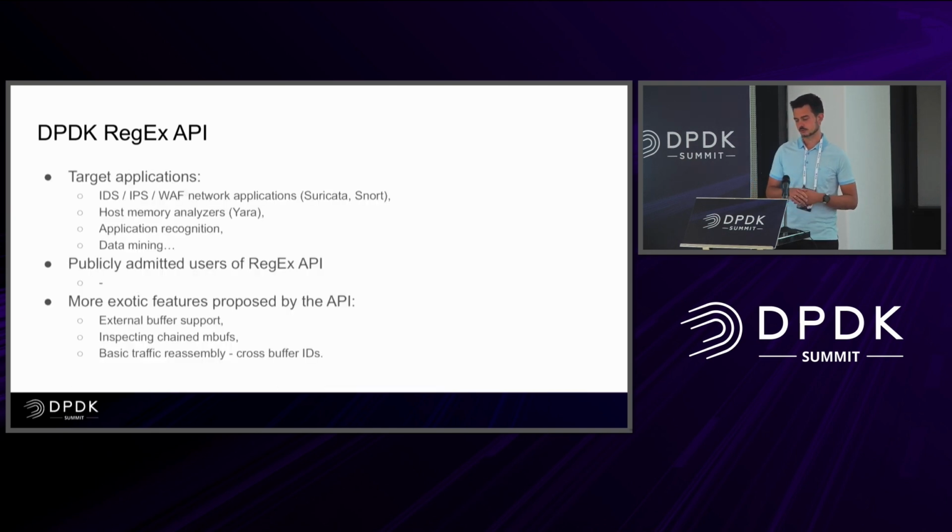What are the target applications that the Regex API was developed for? It was exactly intrusion detection systems, intrusion prevention systems, web application firewalls, so basically data-heavy operations, or maybe even host memory analyzers, so the application might not need to be directly network related.